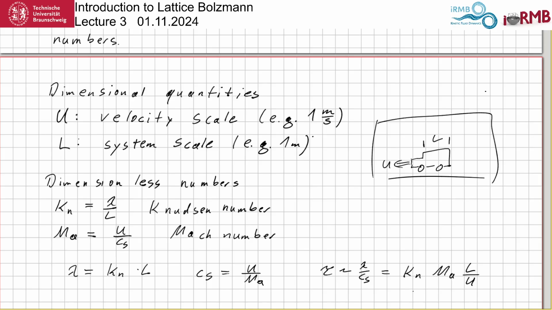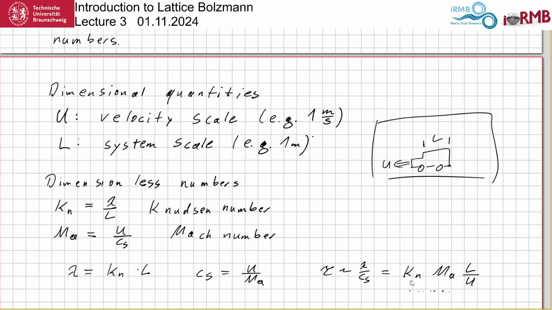So this here gives us somehow the description of our problem, and this will play a role later. Which dimensionless number do you miss here, by the way? Probably the Reynolds number, yeah.